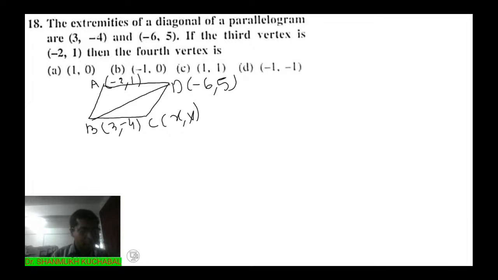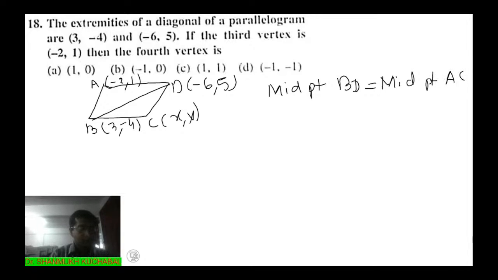Then we use the concept of a midpoint. The midpoint of BD is equal to the midpoint of AC.